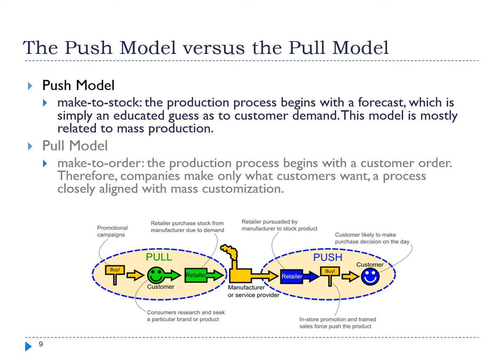This model is mostly related to mass production. However, one problem in the push model is the forecasts are often incorrect. If the forecast is too high, then the company will have extra products in the inventory and will incur large carrying costs.